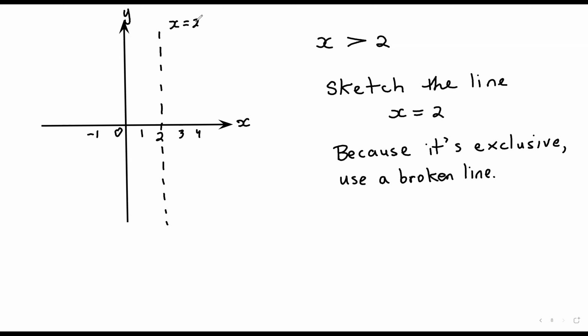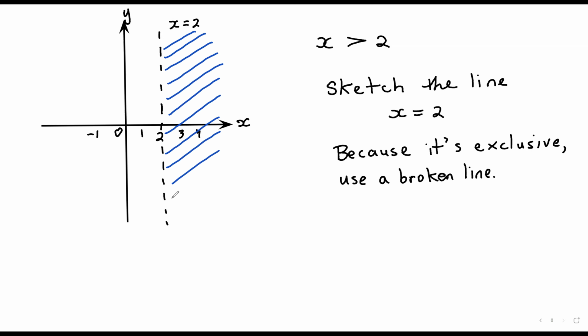That's the line x is equal to 2, right? And then the region that satisfies this inequality would be everything to the right of 2. So everything to the right of 2 is greater than 2. So this region on the graph represents the inequality x is greater than 2. Right? Is that okay, guys?